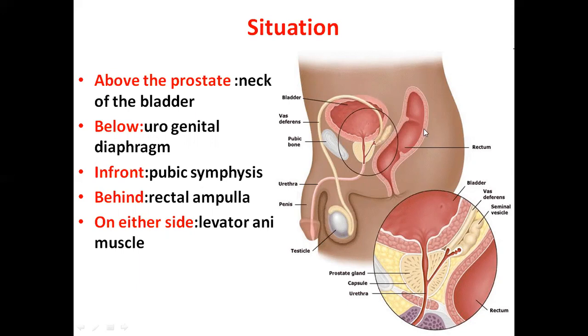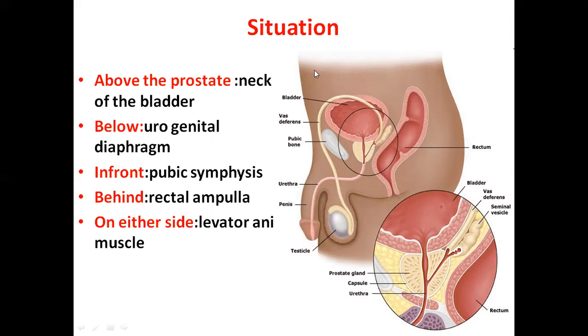Behind the urinary bladder, we are finding rectum, which is continuing as anal canal. We can also see the main parts of the male reproductive system like testis, epididymis, vas deferens, and the one which is continuing behind.